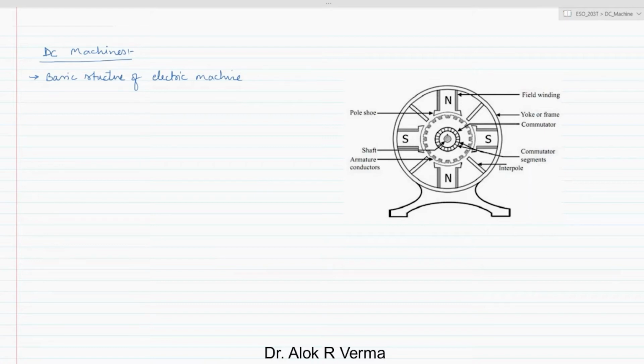So you see, an electrical machine consists of two parts. Every electric machine has two parts. First is the rotor, and the second is the stator. Rotor is the rotating part, and the stator is the stationary part.